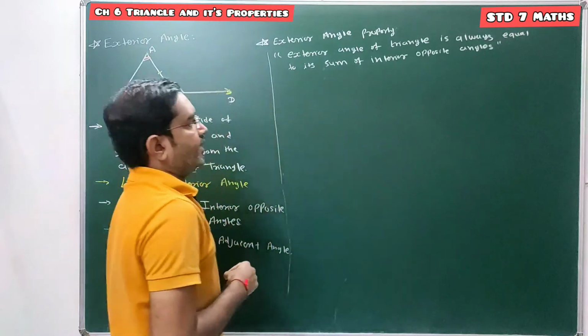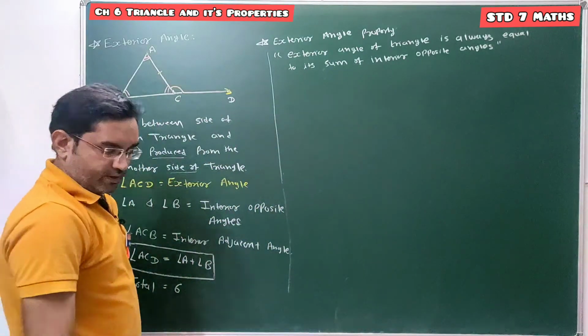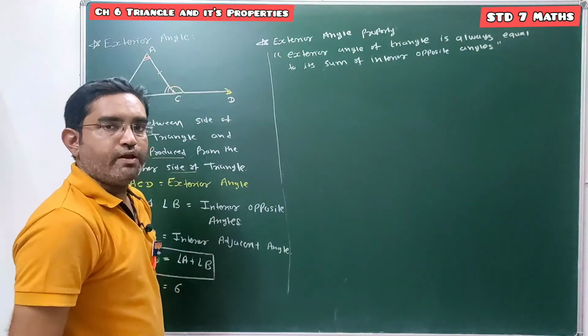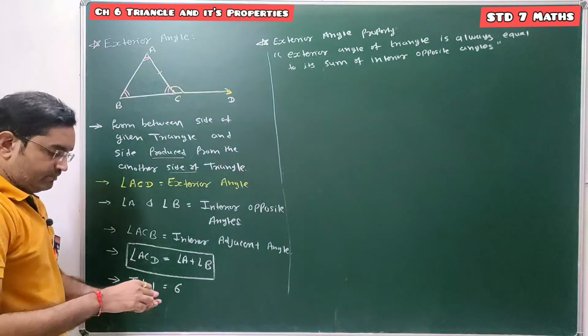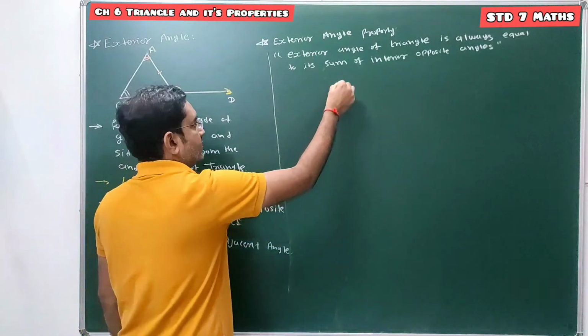That is the exterior angle property. The exterior angle of the triangle is always equal to its sum of interior opposite angles. This is the statement. Then you have to draw the diagram.